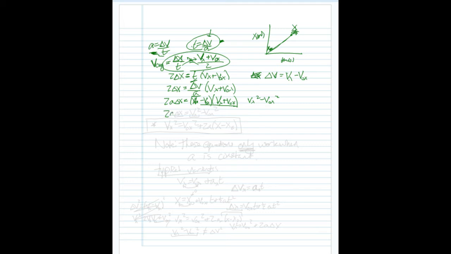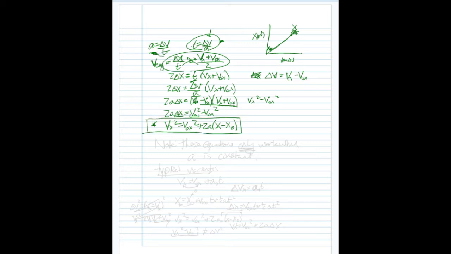So that gives me 2a delta x equals vx squared minus v0x squared. If I solve this equation for my final velocity, vx squared equals v0x squared plus 2a, and I can replace my delta x with final position minus initial position. This is the third equation on your equation sheet.